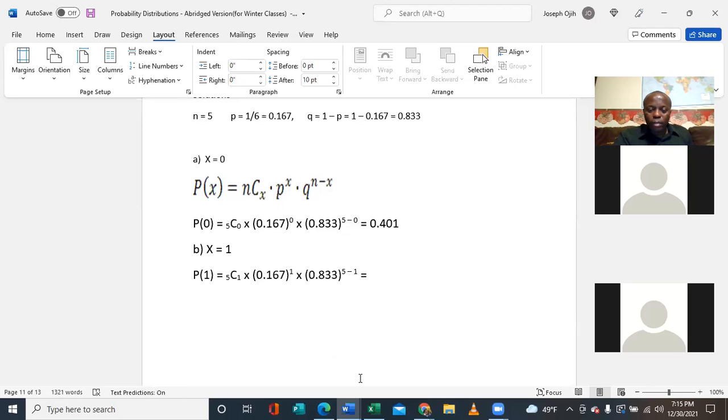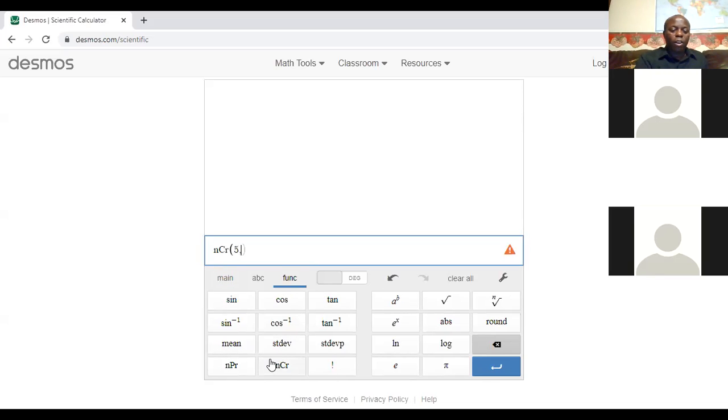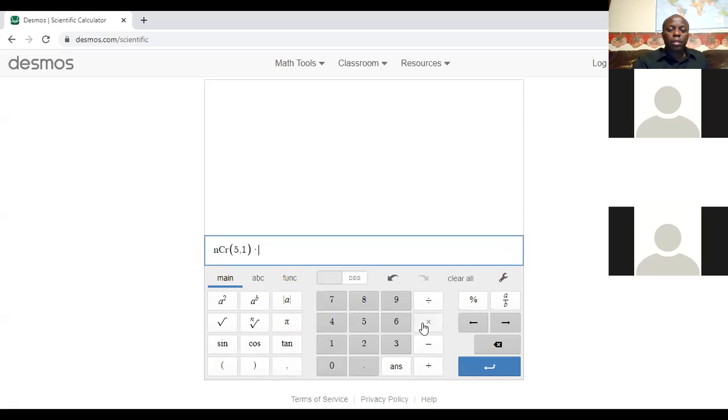So 5 combination 1, times 0.167 raised to the power 1, times 0.833 raised to the power 5 minus 1, which is 4.